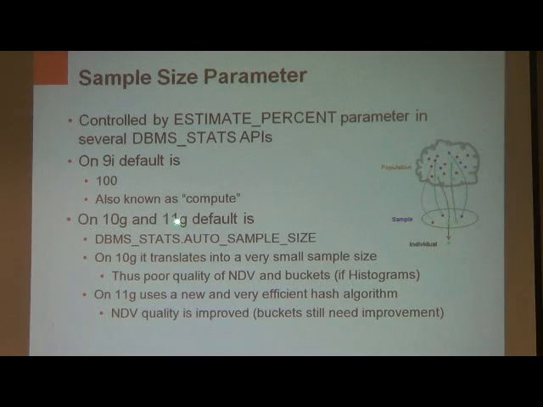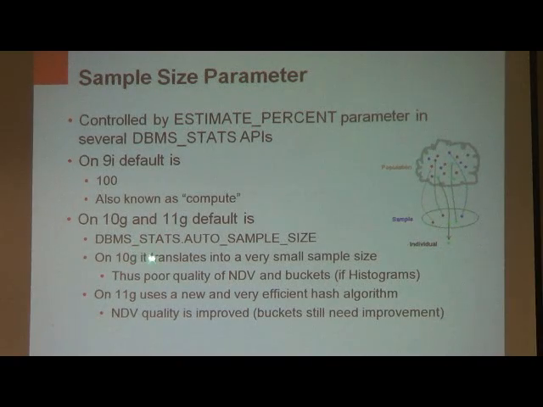But now on 10g and 11g, the default changed and it's using auto sample size. Auto sample size, basically what it means is it's going to take a very small sample size, no more than 5,000 and something rows. In most cases, that is enough. Even though your table has like 1 million rows, we read the 1 million rows, but we analyze only like 5,000 rows. In most cases, that should be enough. Most cases, but not in all the cases.